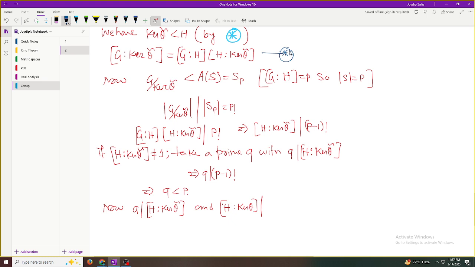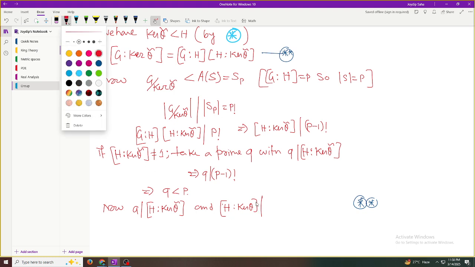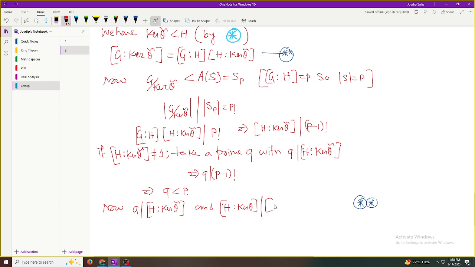alright, double star, this divides G over the kernel of theta tilde, and the index of G over the kernel divides the order of G by Lagrange.